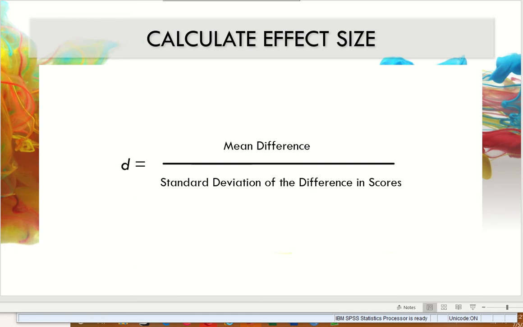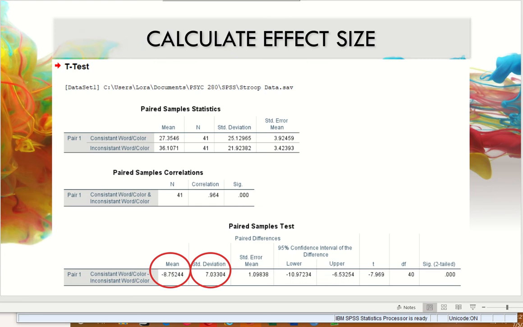To obtain that, you would divide the mean difference by the standard deviation of the difference in scores. And for convenience, I have copied and pasted our results into this PowerPoint. As you can see, we have the mean and standard deviation up here, and we also have it down here.